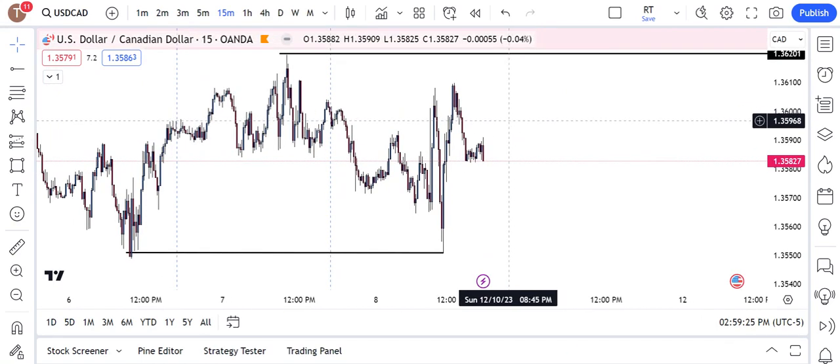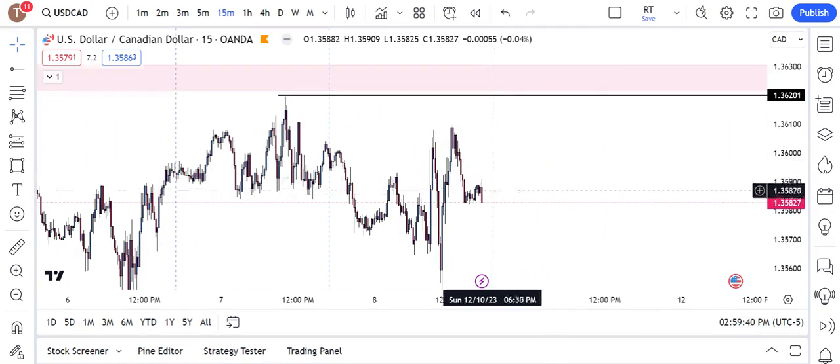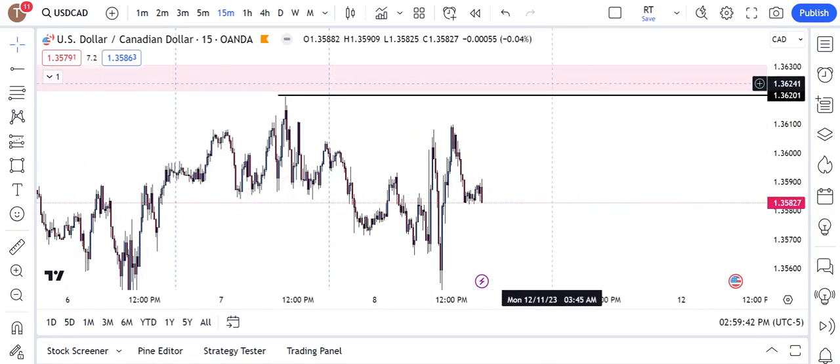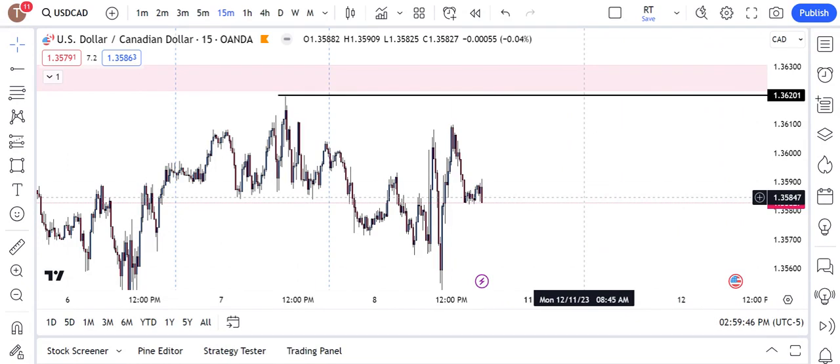Still looking for sales. However, there's something I do want to keep in mind. Price has to come up in order to come down. Praises go up, blessings come down, right? So I am still looking for price to buy up here and then come down for the rest of the week. So that is one of the main things that I've learned as a trader.